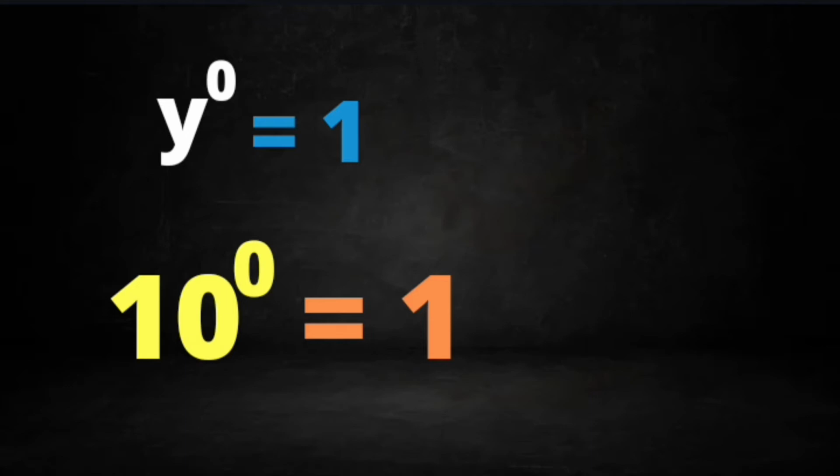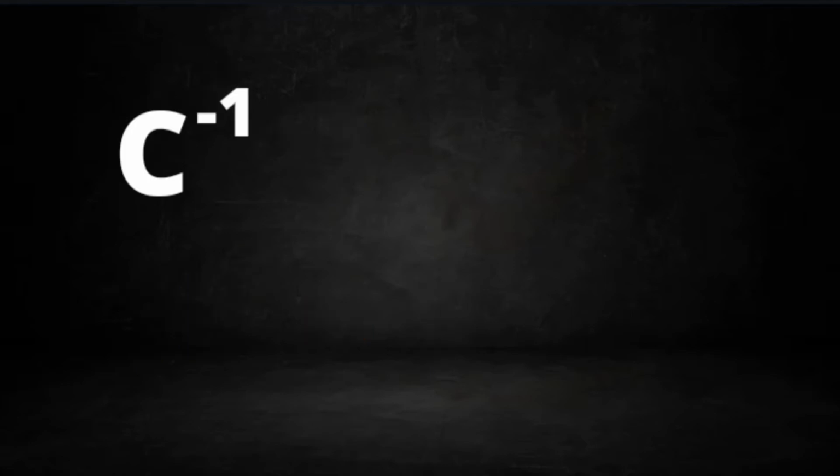So any number or alphabet raised to power of 0 is equal to 1. This is known as the 0 law in indices. We also have the negative power law. If you have a negative power, such as we have here in c raised to power minus 1, you clear the minus sign by using 1 all over to represent the minus sign.